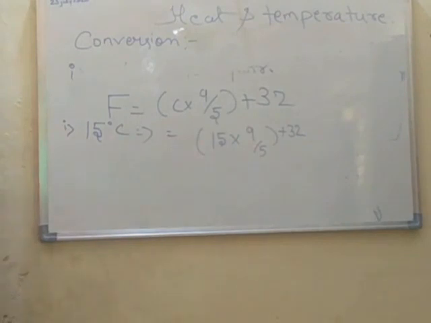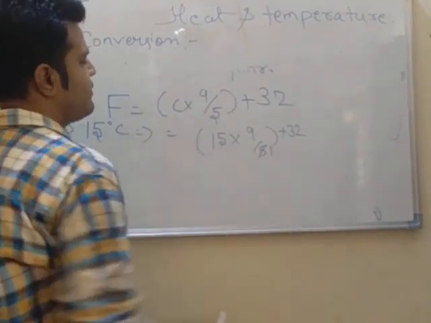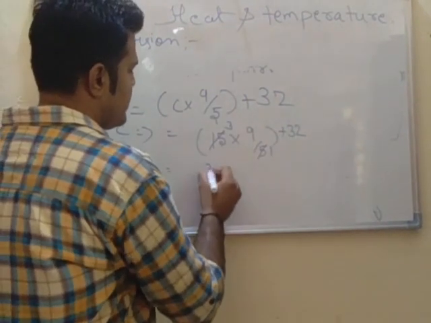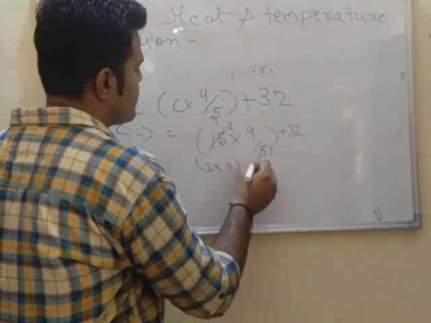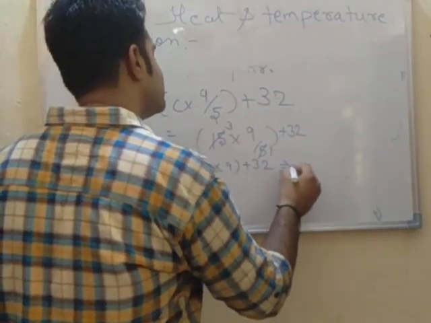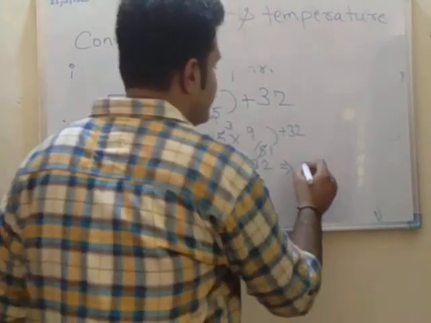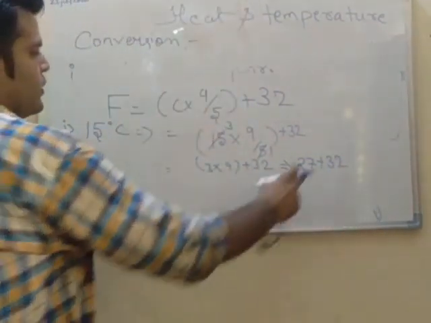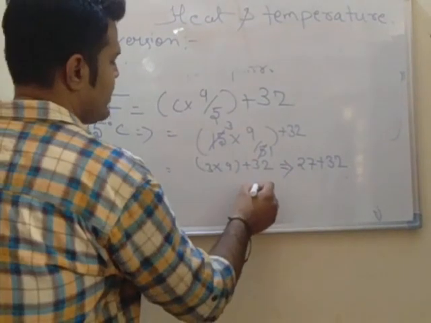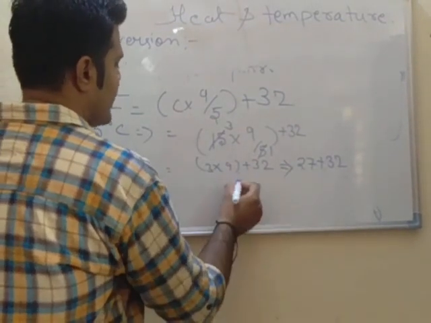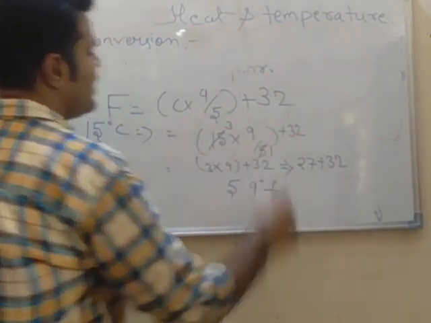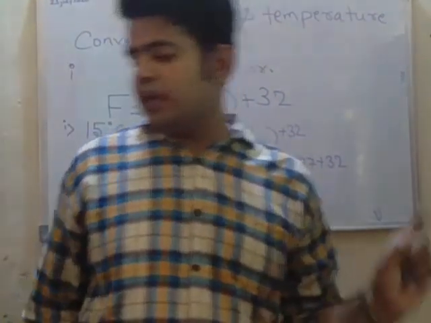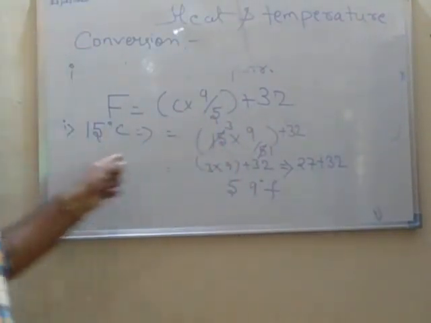This implies 5 ones are 5, 5 threes are 15, so 3 into 9 plus 32. 3 nines are 27, plus 32 is 59. So the answer is 59 degree Fahrenheit.